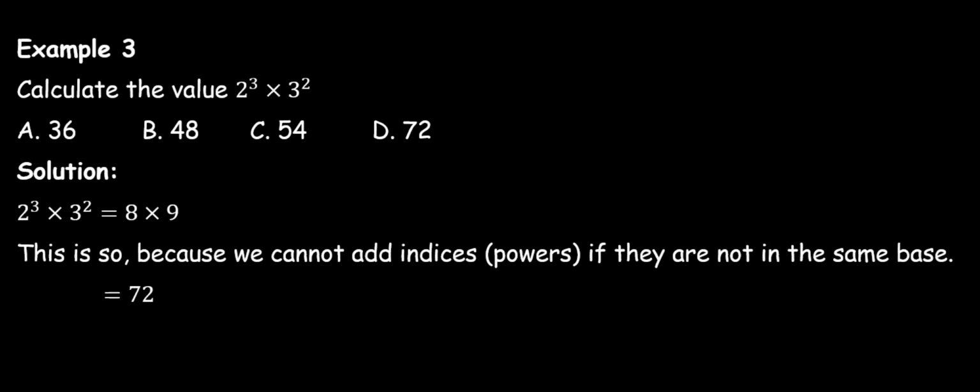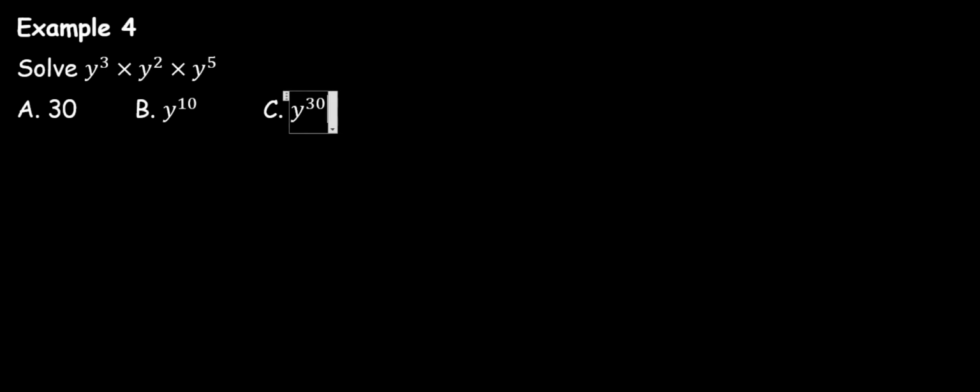Another example. Solve y raised to power 3 times y raised to power 2 times y raised to power 5. Options. A, 30. B, y raised to power 10. C, y raised to power 30. D, y raised to power 0. E, y raised to power 4.